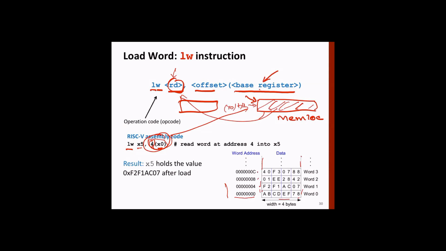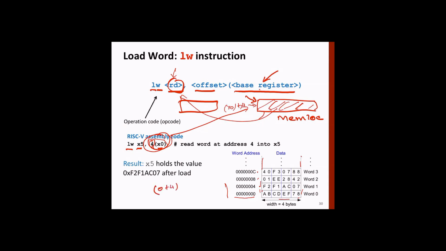Now, what we have to do is, when we execute this, x5, 4, and x0, what are we loading here? The value of x0 is 0. So 0 plus 4 is the memory location.